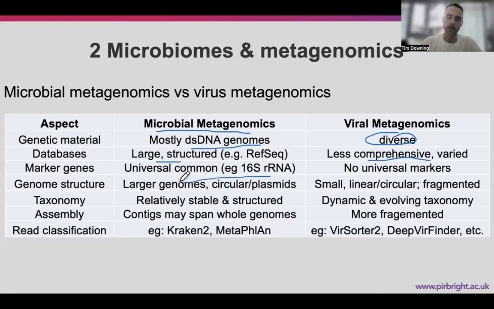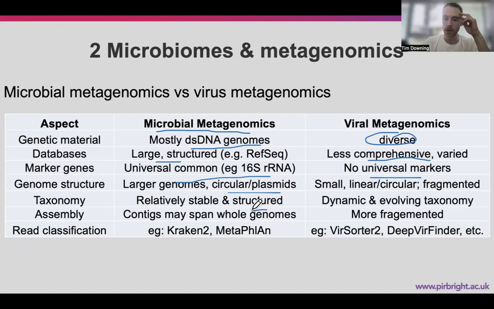We have many bacterial marker genes, whereas in viruses, we really don't. We have knowledge of existing circular or linear fragments for the different bacterial genomes, whereas for viral genomes, that can vary a bit for a segmented virus.